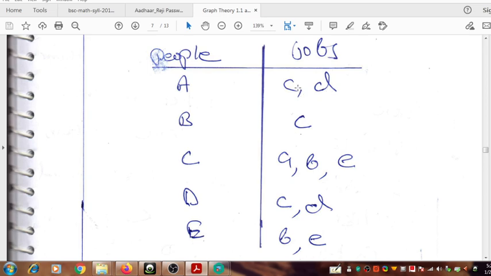But one more thing is that once you assign c to A, it cannot be assigned to another person. It cannot be assigned to B. Otherwise, the answer to the problem could be obtained easily, because you could simply assign c to A and c to B. Then two people are assigned to one job, and they have to do half of the job each.